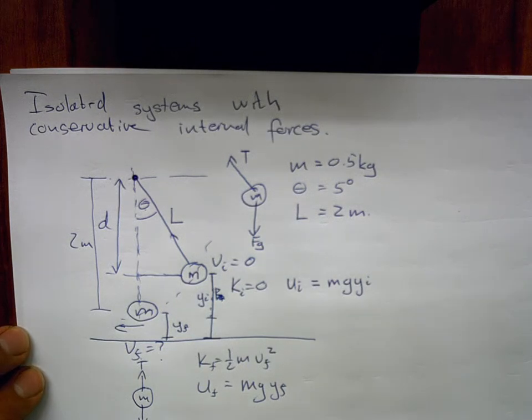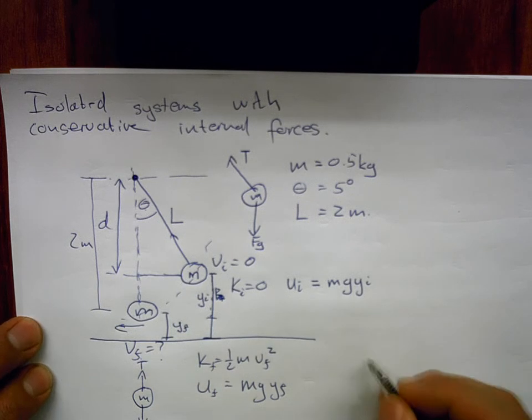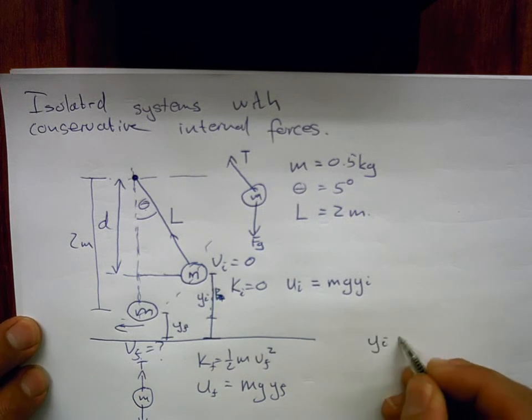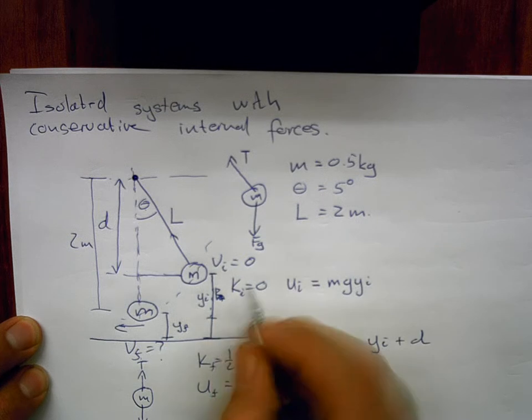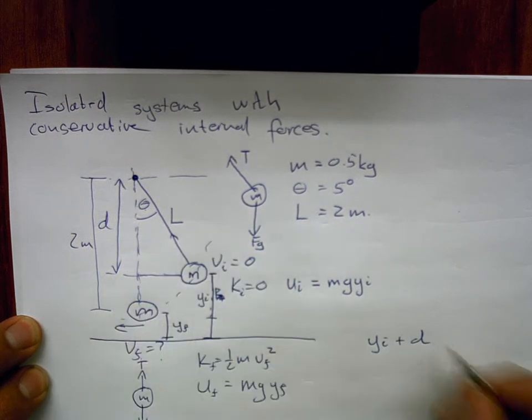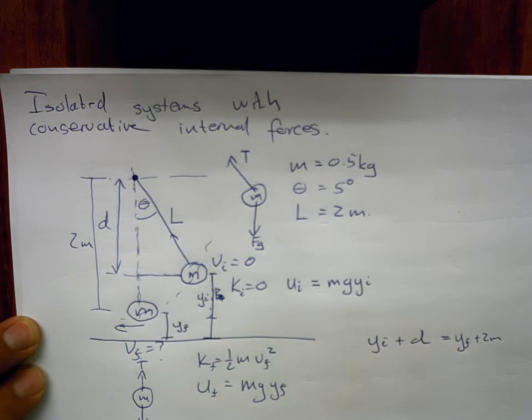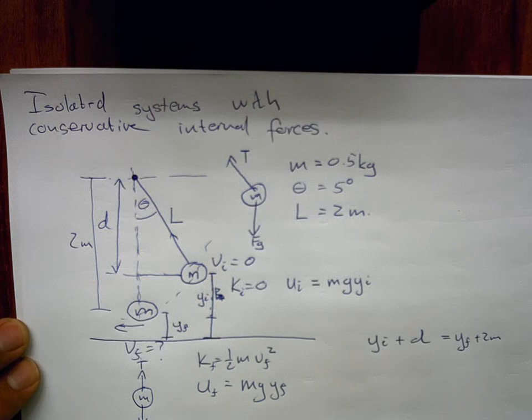So if we look at this diagram, we see that y initial plus d, so that length plus that length, is equal to y final plus 2 meters. Right, so we can write that equation down.